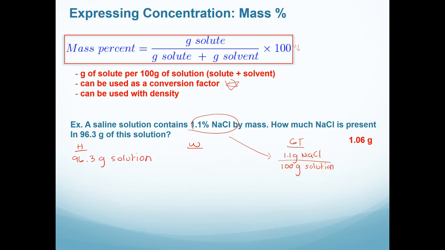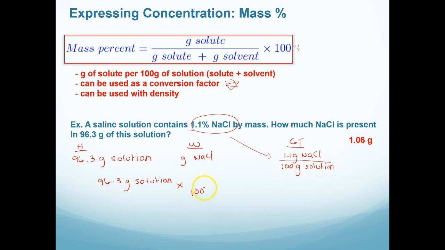So I have a direct conversion between my solute and my solution, and the question is asking how many grams of sodium chloride. So I already have that direct conversion. I can say I have 96.3 grams of solution, and to make solution cross cancel, it's going to stay on the bottom.